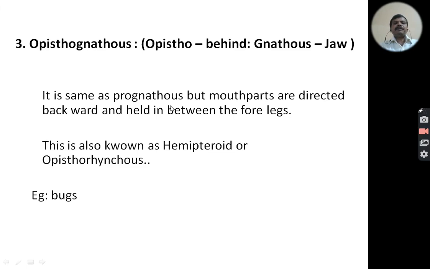The last one is the opisthognathous. Opisto means behind the jaws. It is the same as prognathous, but the mouth parts are directed backwards, behind the jaws, between the forelegs. This type is also known as hemipteroid or opisthorhynchous, and it can be broadly seen in different kinds of bugs.